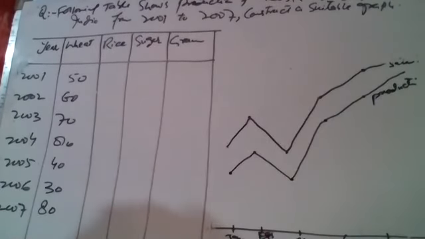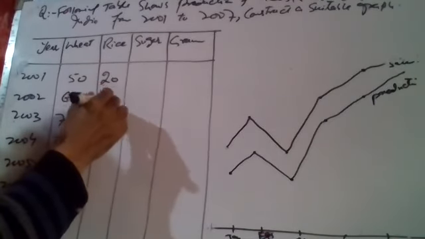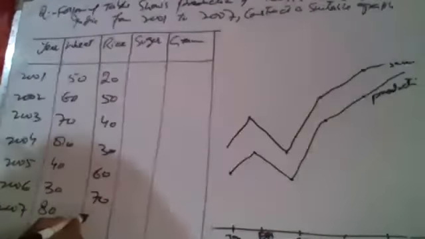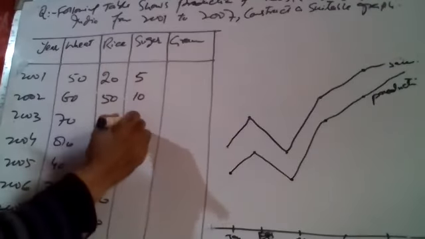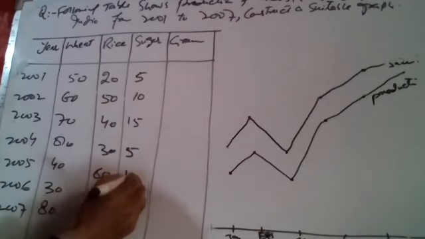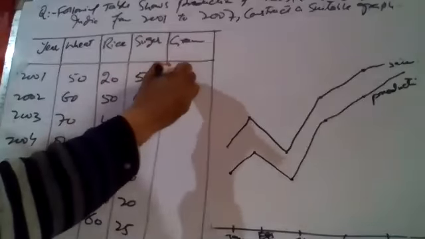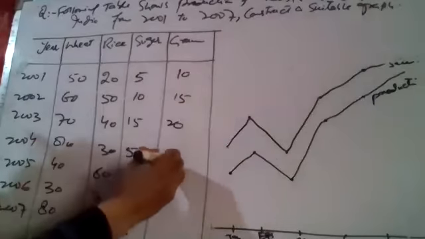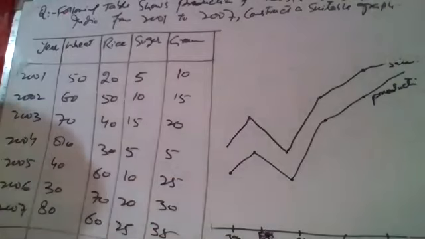For rice, for example, we have 20, 50, 40, 30, 60, 70, 60. Sugar is 5, 10, 15, then 5, then 10, then 20, then 25. For gram, it is 10, 15, 20, 5, 25, 30, 35.